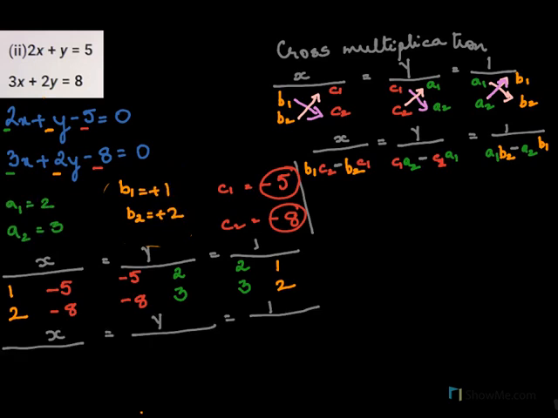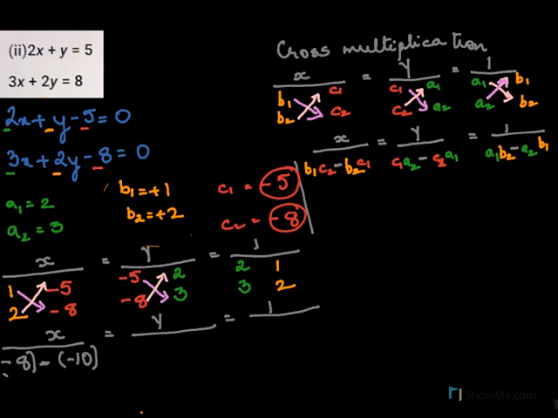The next step, we are going to find the product of 1 into minus 8 and subtract it from the product of 2 and minus 5. So 1 into minus 8 is minus 8, minus 5 into 2 is minus 10. Next, we are going to find the product of minus 5 into plus 3 and minus 8 into 2.